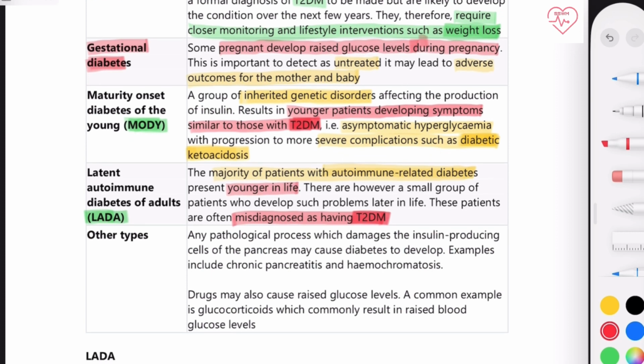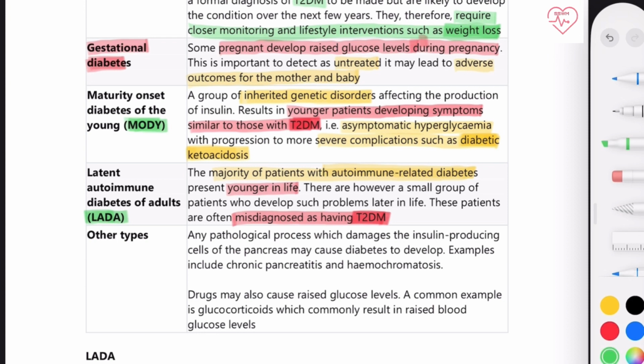There will be other types also. Any pathological process which damages the insulin producing cells of the pancreas can lead to diabetes. So whatever pathological process damages the insulin producing cells of the pancreas can lead to developing diabetes. Okay, now what are examples of those diseases?